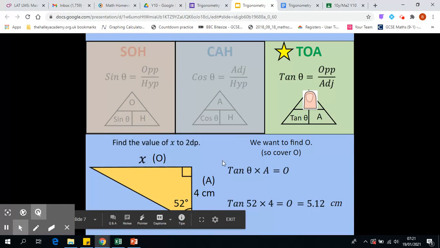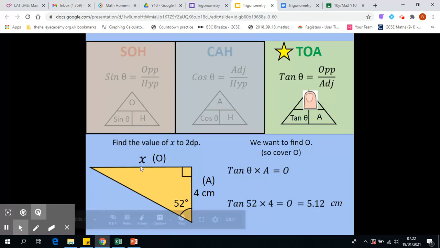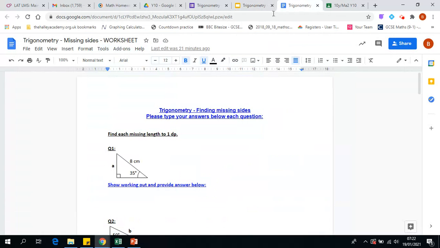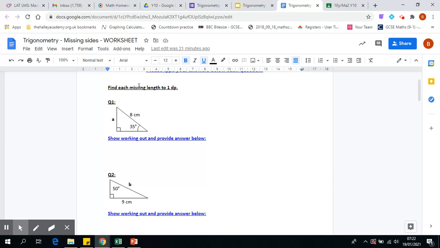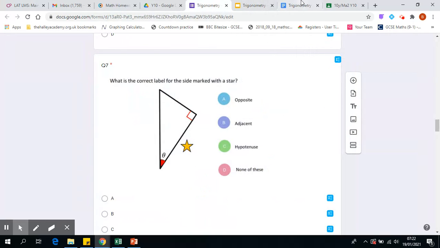Using that question as a reference, let's try the worksheet. I am going to complete the first question. Okay, it's another example which will enable you to complete the rest of the questions on the worksheet and on the Google quiz.